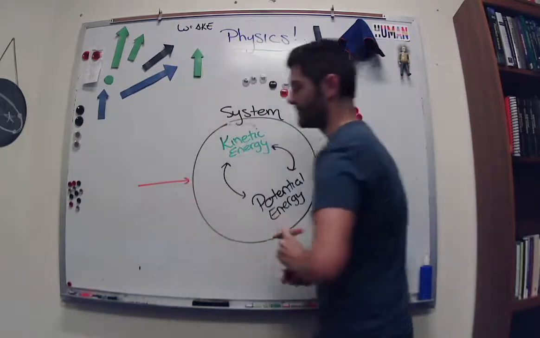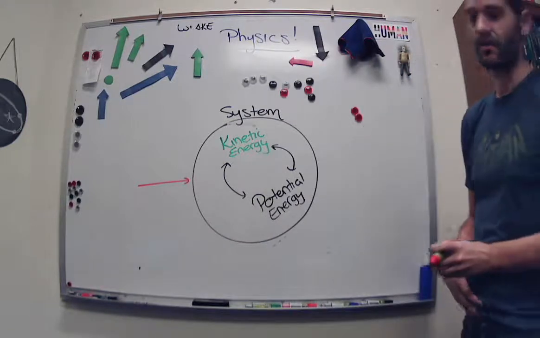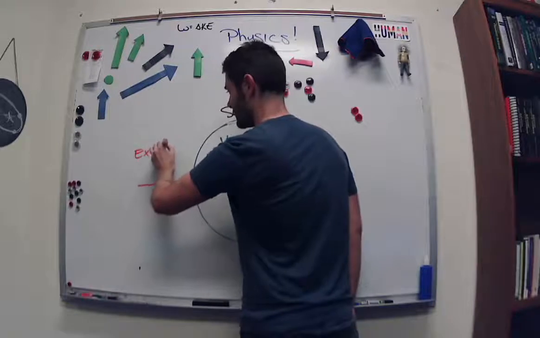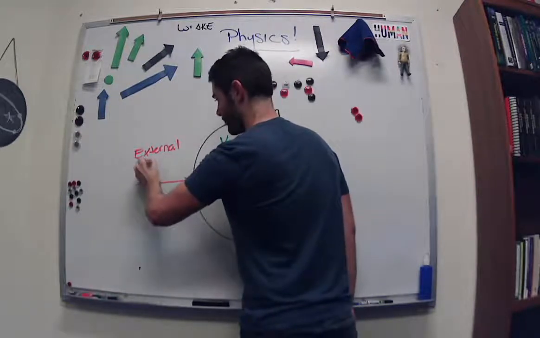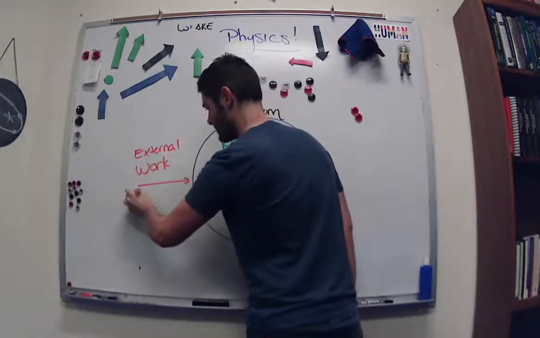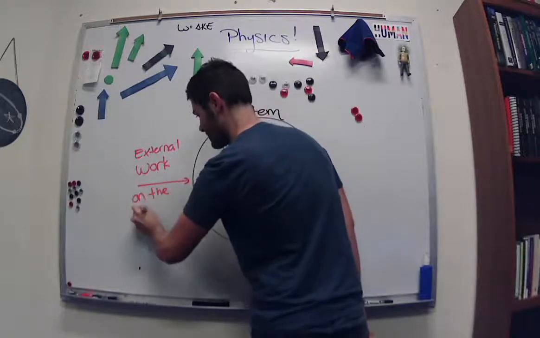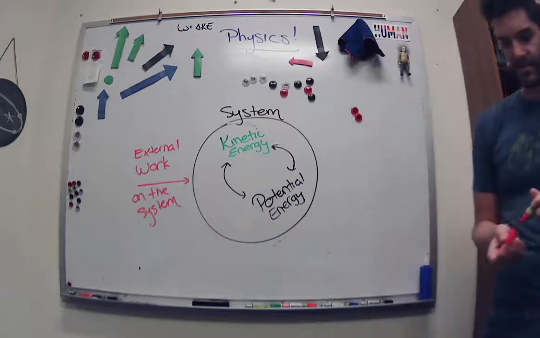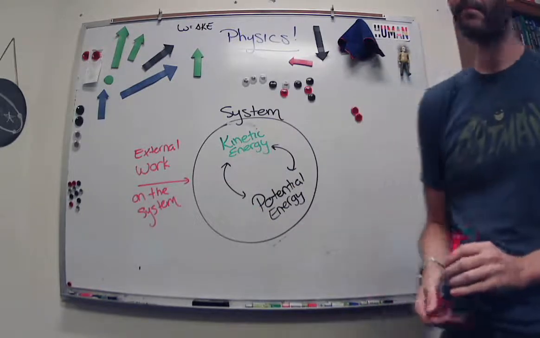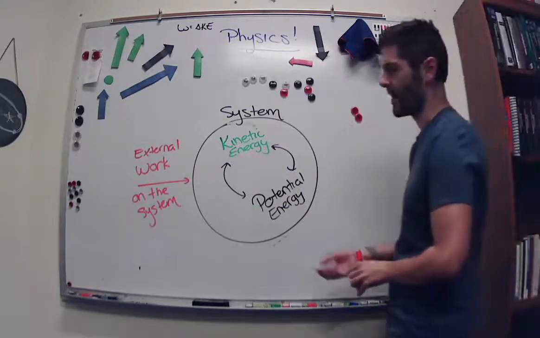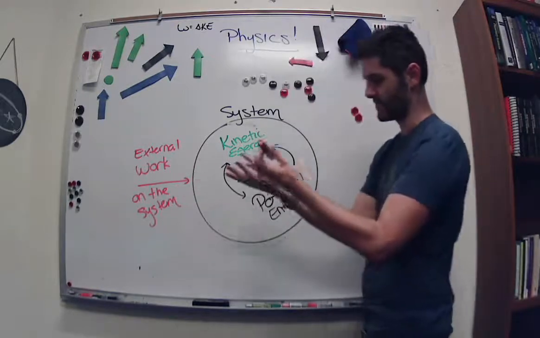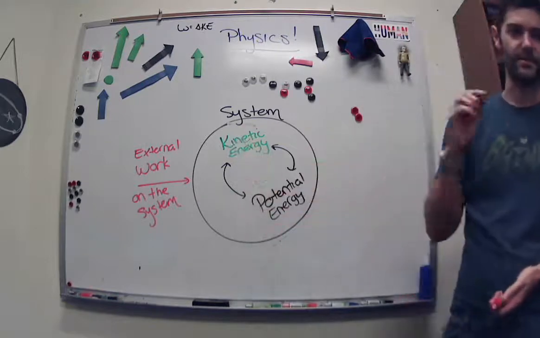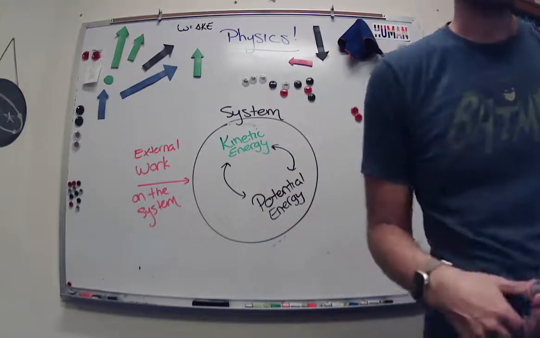But then we will learn that the total energy of the system can change. If there's this thing we're going to call work, if something does work on the system, we will see that as a way for energy to be injected into the system, so that the overall total energy increases if work is done on the system.